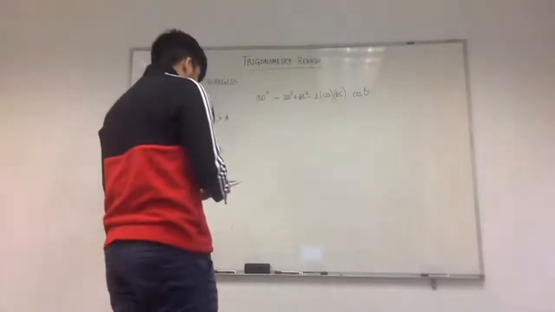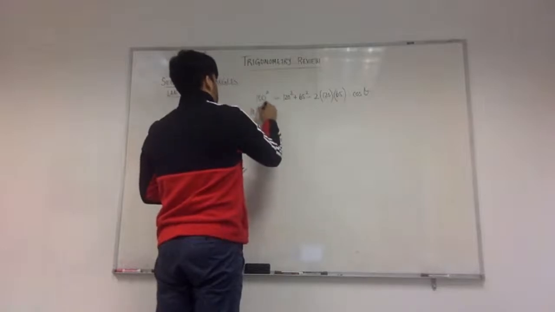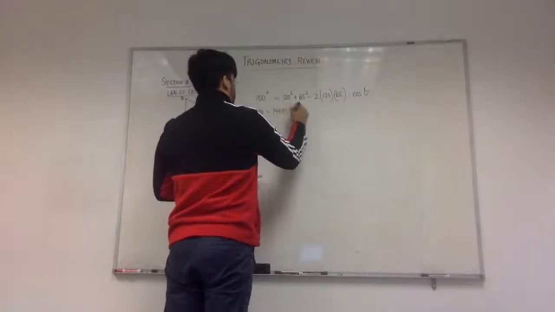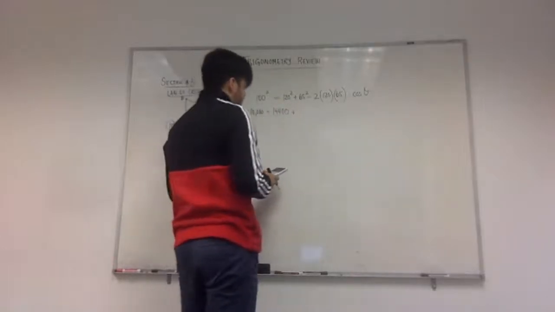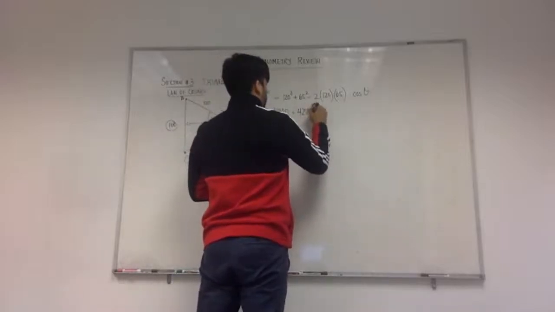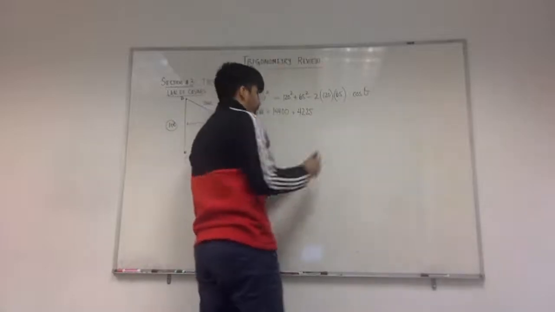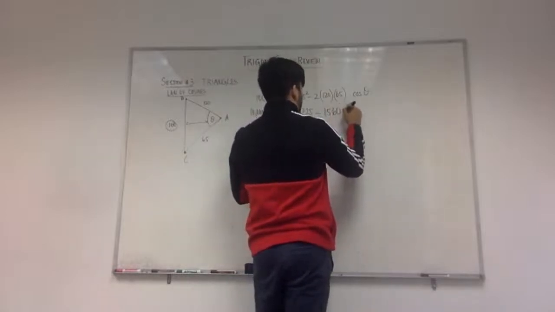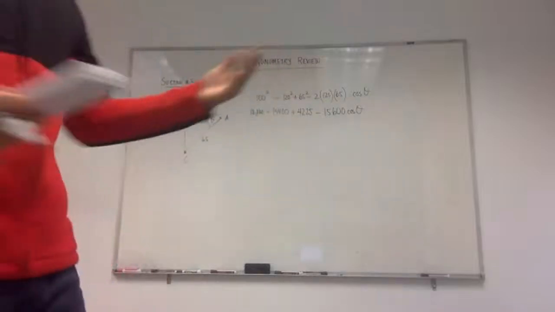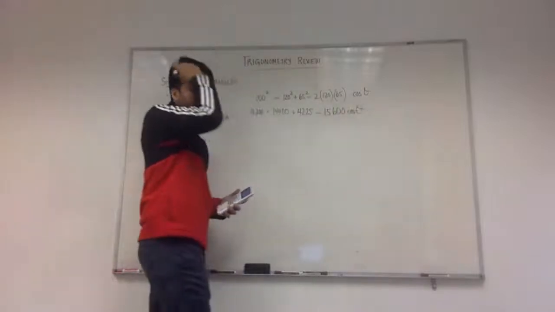So let's use our calculator. We know 100 squared is 10,000. 120 squared is 14,400. And then 65 squared is 4,225. And then 2 times 120 times 65 is 15,600 cosine theta. So at this stage, it's just finding the angle that we're interested in.